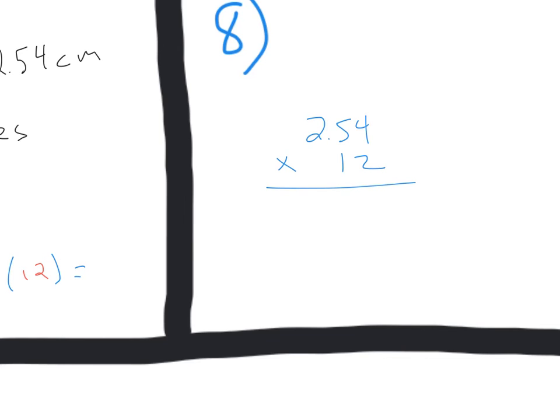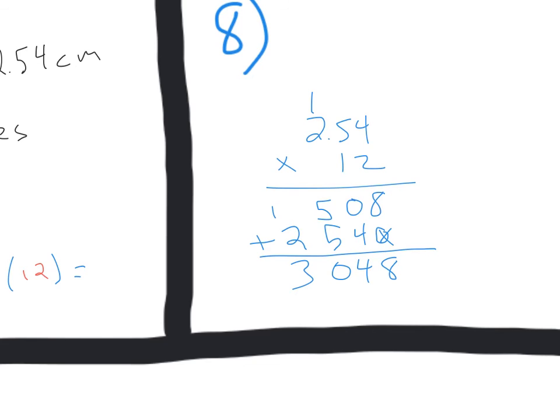All right, 2 times 4 is 8, 2 times 5 is 10, carry the 1. 2 times 2 is 4, plus the 1 makes 5. We drop down to the next row and get our X-Men going. Okay, now we got to do 1 times 4, 1 times 5, and 1 times 2. Add it all up. Carry the 1, and you get 3,048. But we're not done.